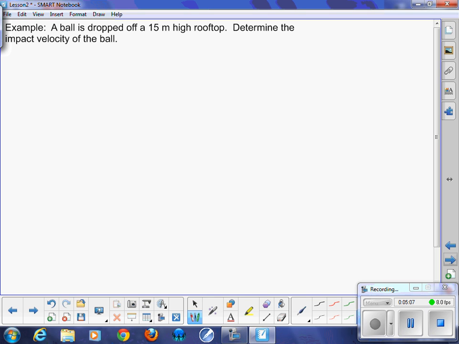Ball is dropped off a 15-meter high rooftop. Determine the impact velocity. So there's going to be information that's provided. So obviously the ball, its displacement is 15 meters and down. And we want to know impact velocity, or it's our final velocity, V2. So we must know some other information that's inferred. So this is a question where the information that you need to finish is inferred.